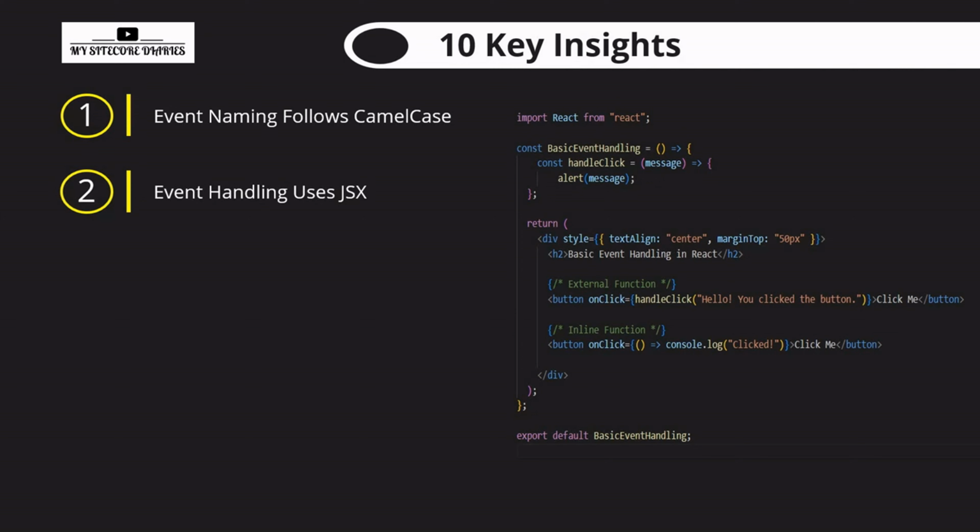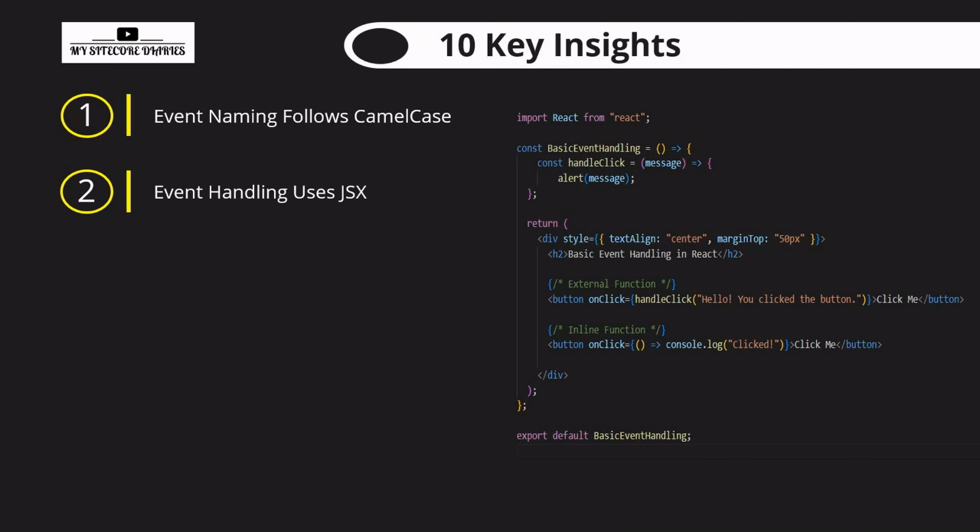The second point is event handling uses JSX. React uses JSX for defining UI elements, and event handlers are assigned directly as attributes within the JSX. In traditional JavaScript, we use addEventListener, but in React we simply attach the event handler as a property, making the code cleaner and more readable.